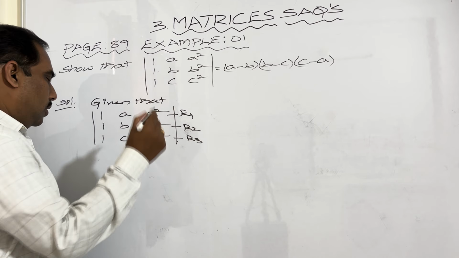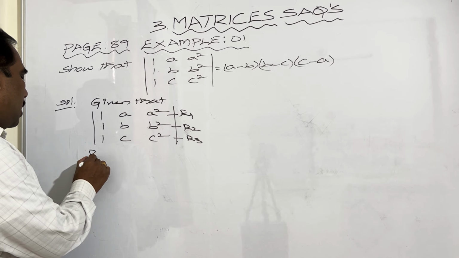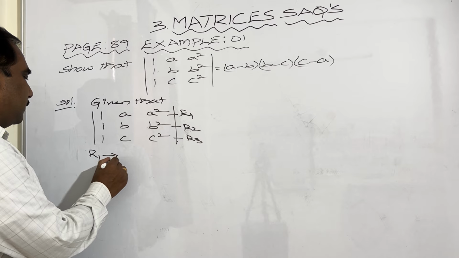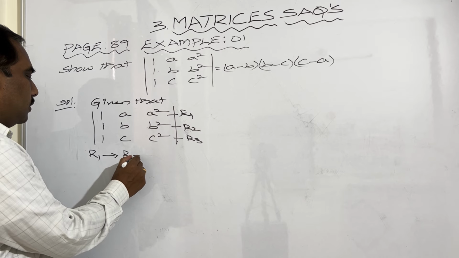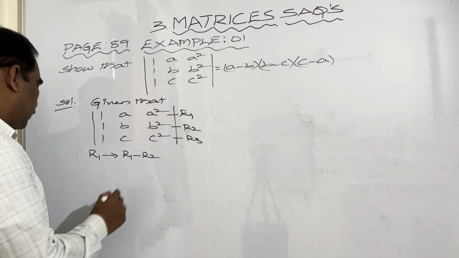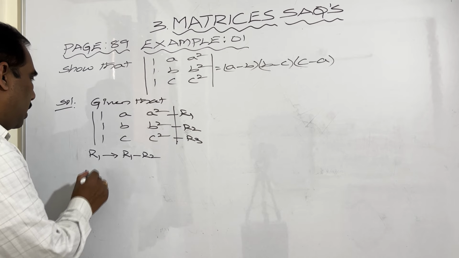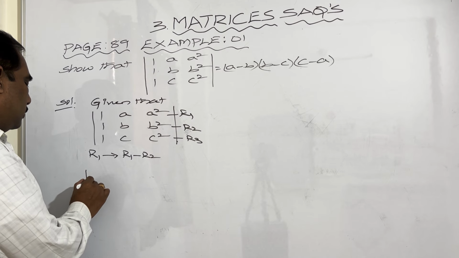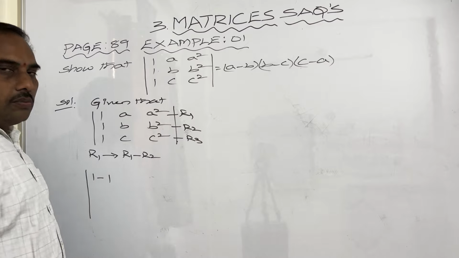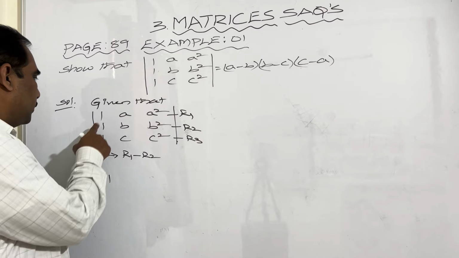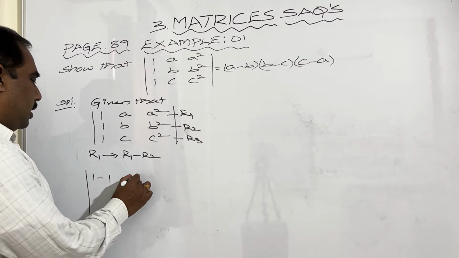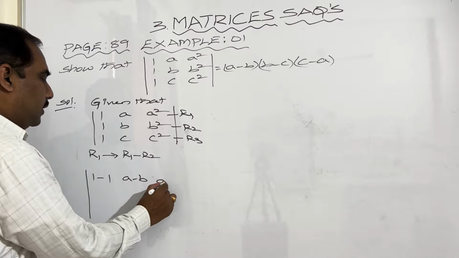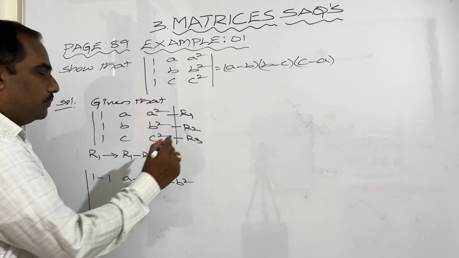Now what I am doing is, R1 to R1 minus R2. I am subtracting R2 from R1, writing in the place of R1. So here a minus b, and this is a square minus b square.